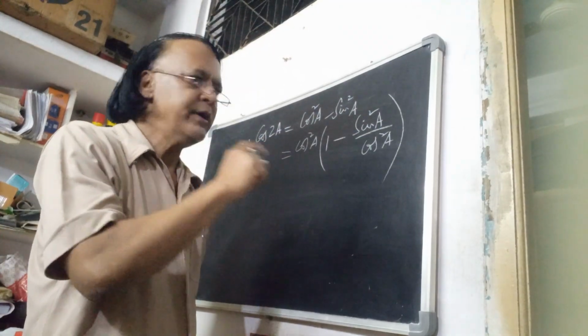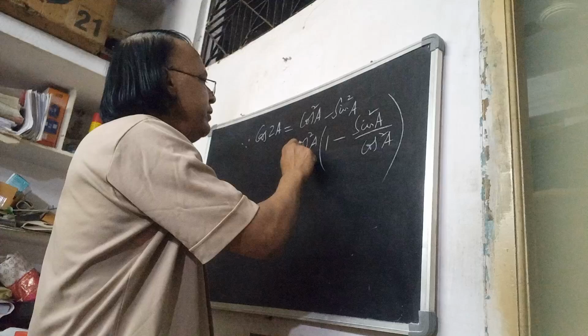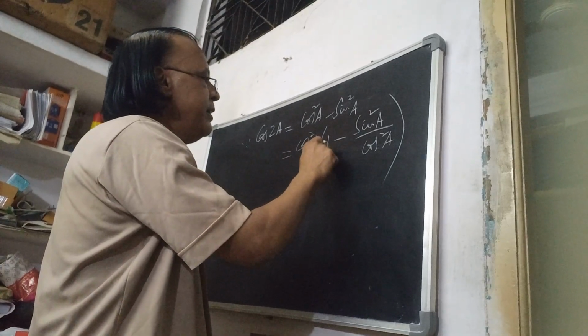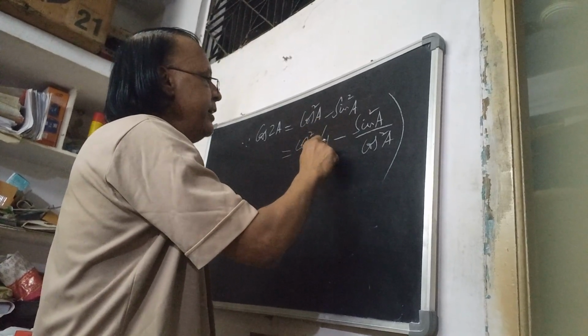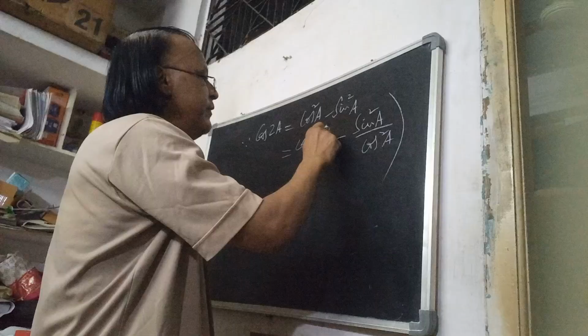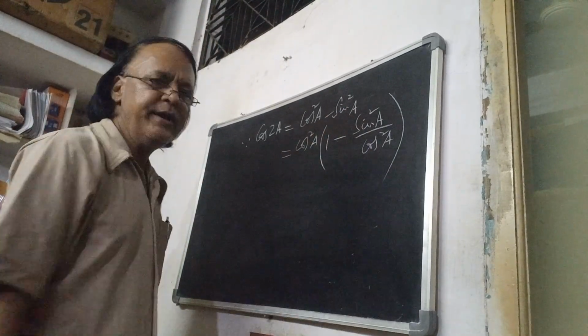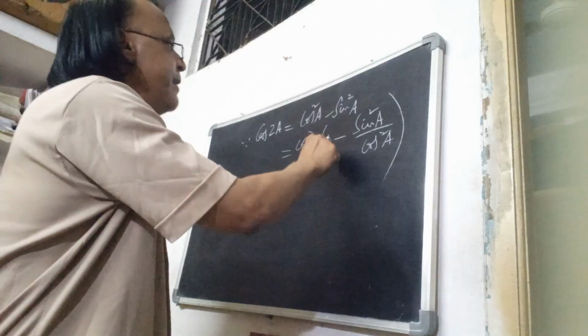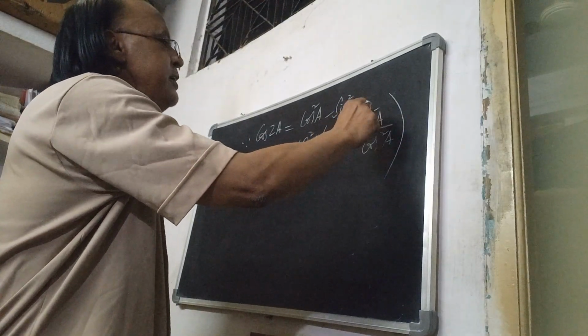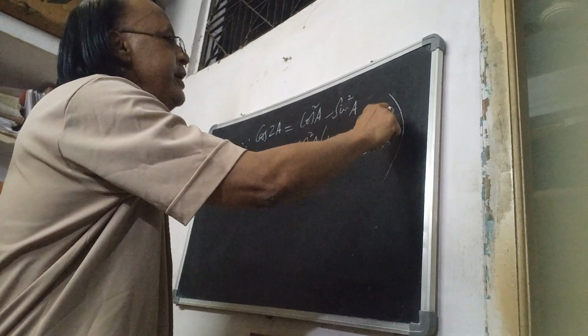Multiplying and dividing by cos square a, you take cos square a common, 1 minus sin square a by cos square a. If you open this bracket, you will get cos square a minus sin square a by cos square a into cos square a.